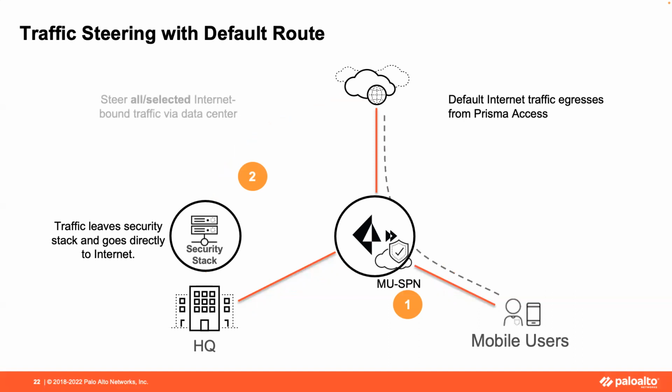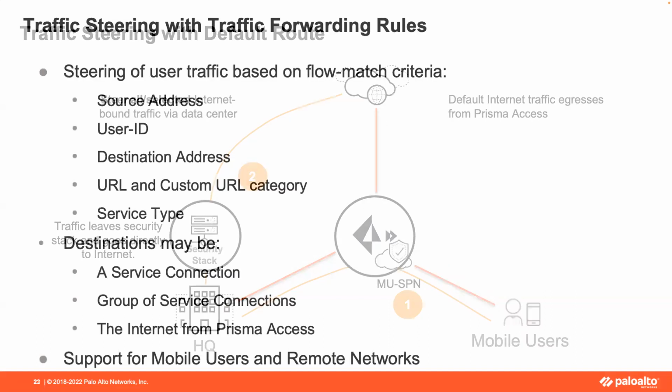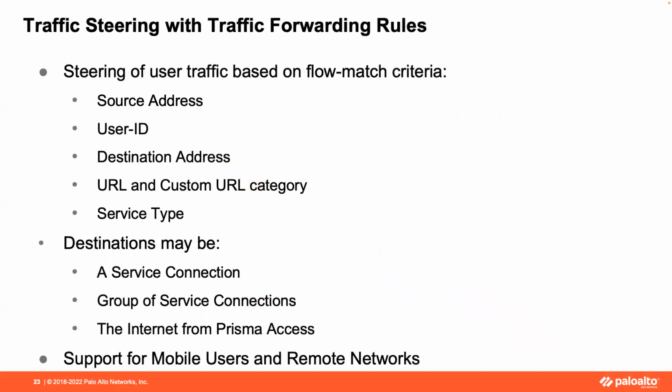And the way I can do this is to look at source IP information, source addresses, IP addresses, users, destination IP addresses, URLs, and URL categories. So I can say, well, if you're going to company.com, go this way.